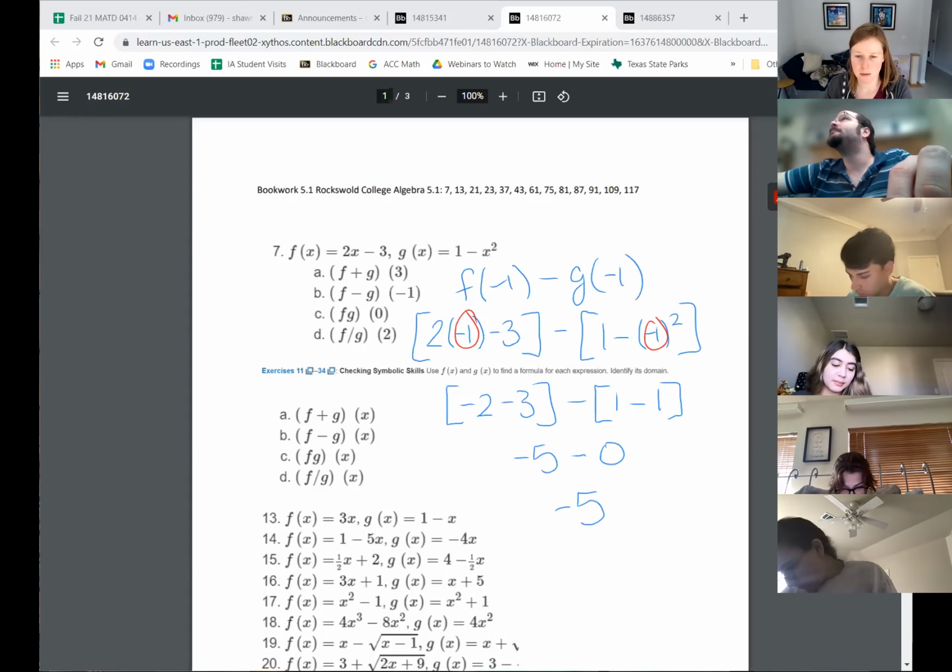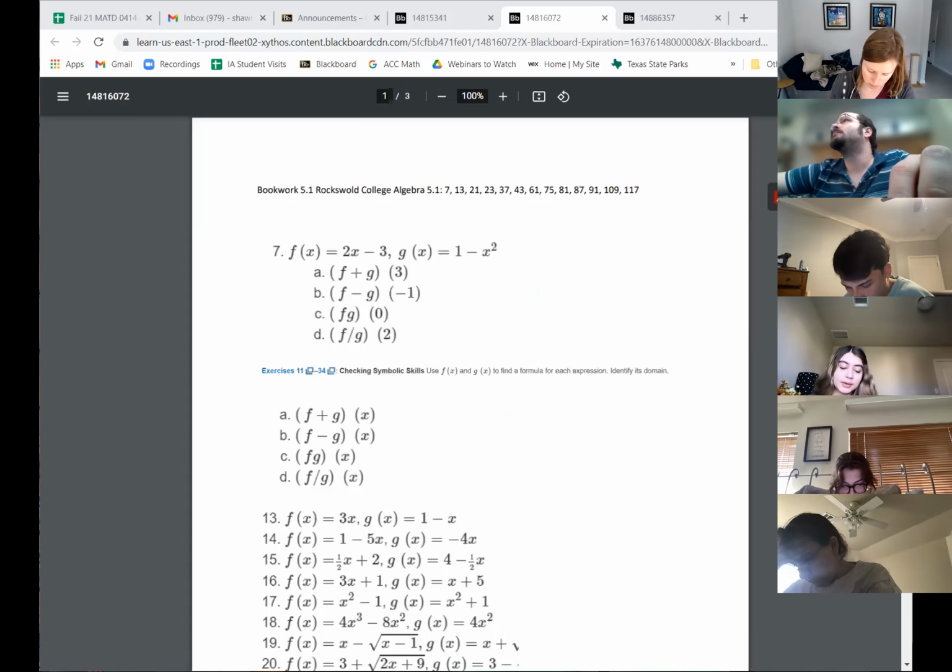Would it just be plugged in for the f of x and the g of x the same way? It'll be a 0 instead of a -1, right? Because this problem has f times g of 0. So would it be f of 0 equals the 2x minus 3?